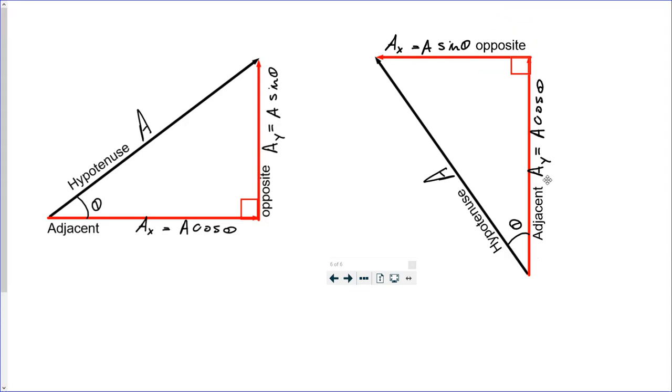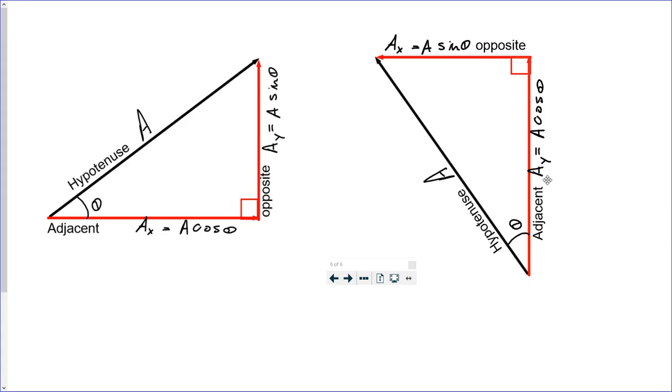Opposite to theta is always the sine component, a sine theta, and adjacent to theta is always a cos theta. No matter what way you make the triangle, this will not get switched. Opposite will be hypotenuse times the sine theta, and adjacent will be hypotenuse times the cos theta. Is that right?